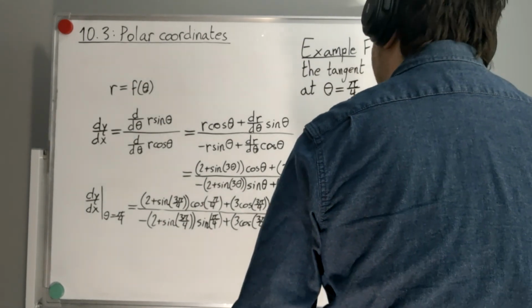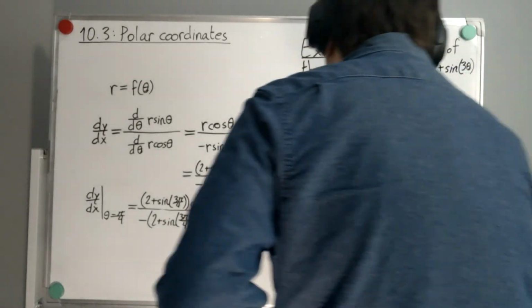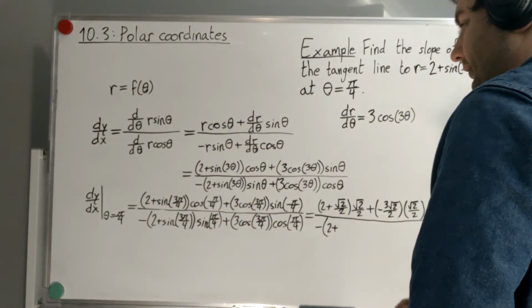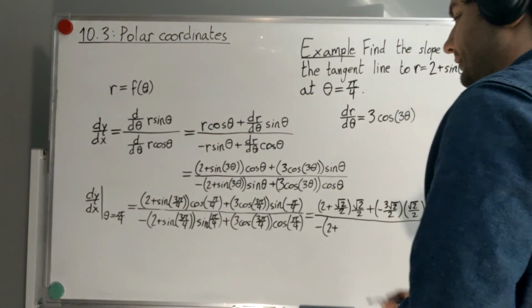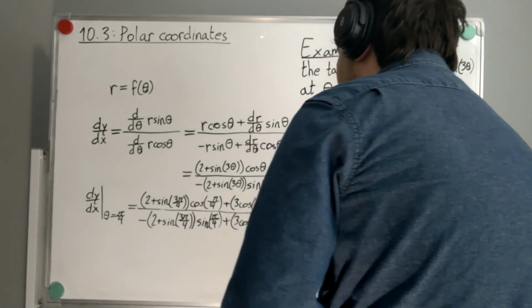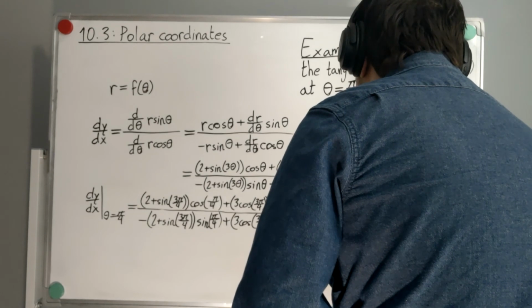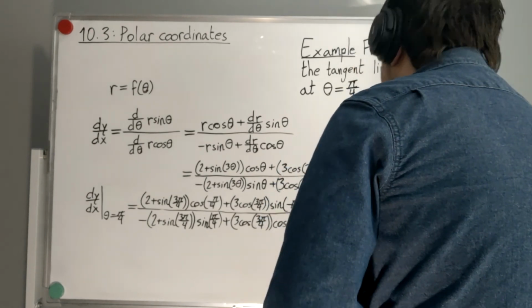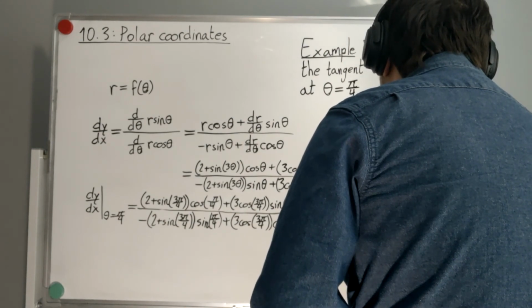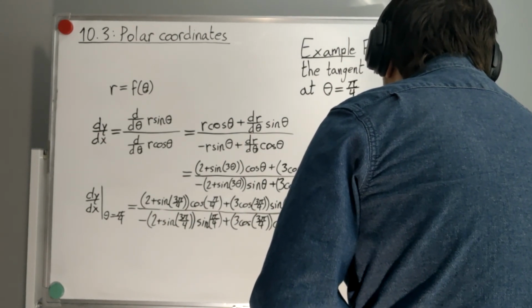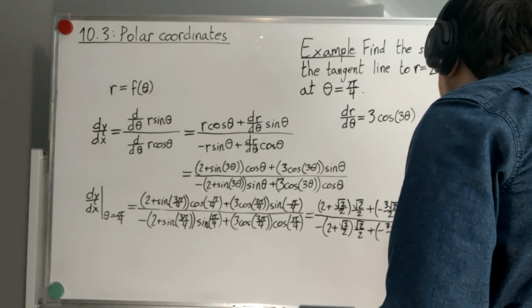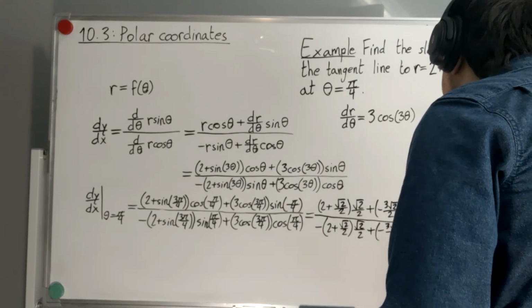Divide all of this by negative 2 plus the sine of 3 pi over 4, which is root 2 over 2, multiplied by the sine of pi over 4, which is root 2 over 2, plus 3 times the cosine of 3 pi over 4, that becomes negative 3 root 2 over 2, times cosine of pi over 4, which is just root 2 over 2.